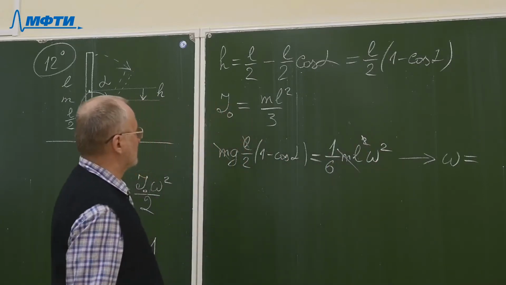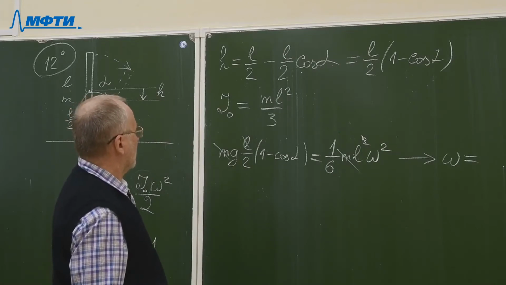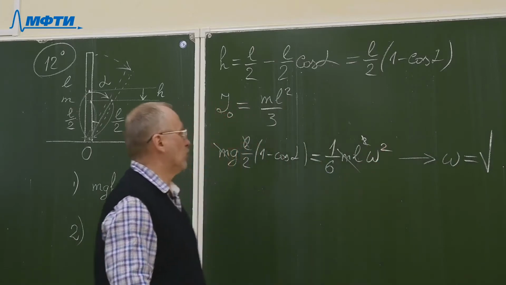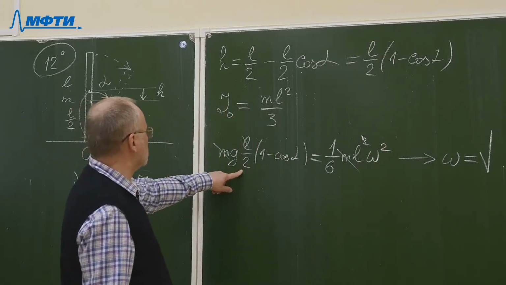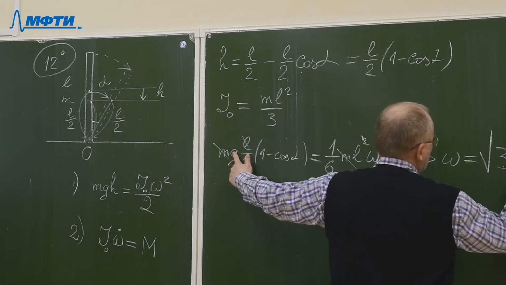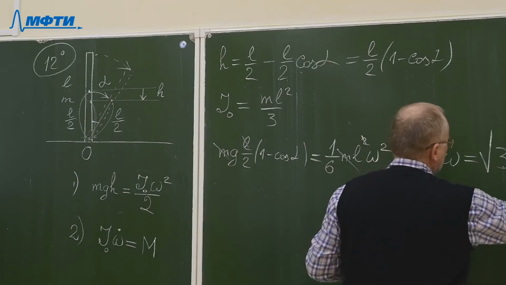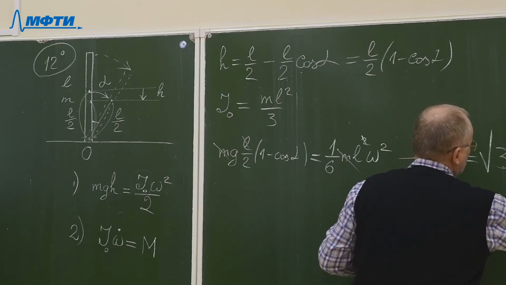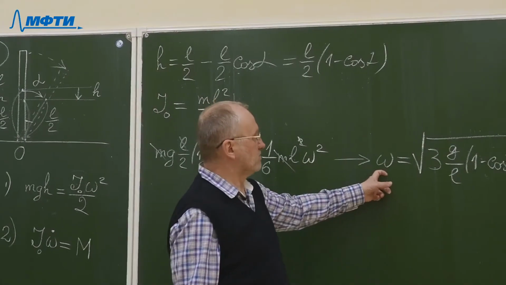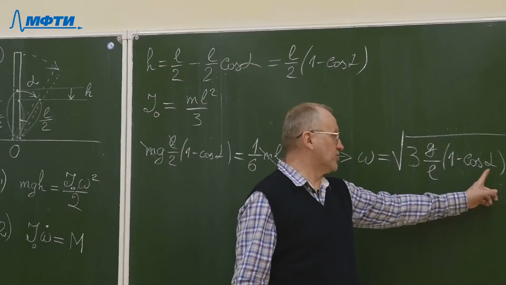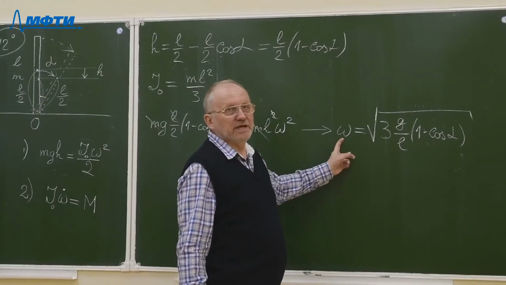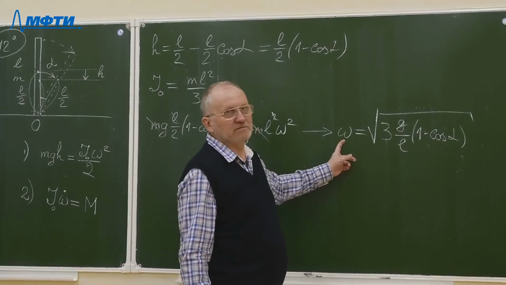And for the omega we will obtain the square root, because this is omega squared, we will obtain square root of 3g divided by L, 1 minus cosine alpha. That's the dependence of omega versus angle alpha. For each angle, this formula gives the angular velocity of the falling chimney.